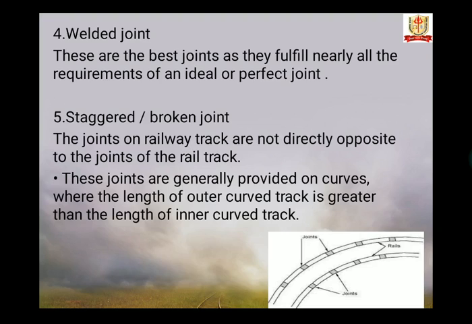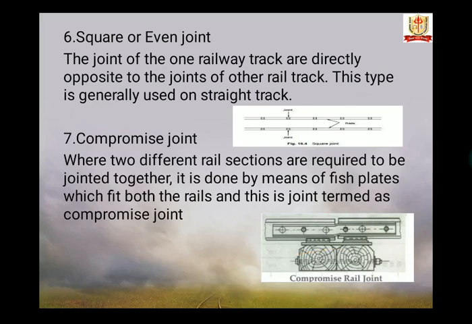These are generally provided on curves where the length of the outer curve track is greater than the length of the inner curve track. Next is the square or even joint. The joints of one railway track are directly opposite to the joints of the other rail track. This type is generally used on straight track.